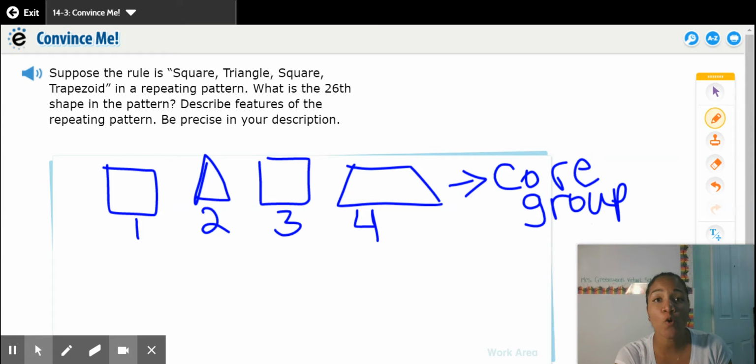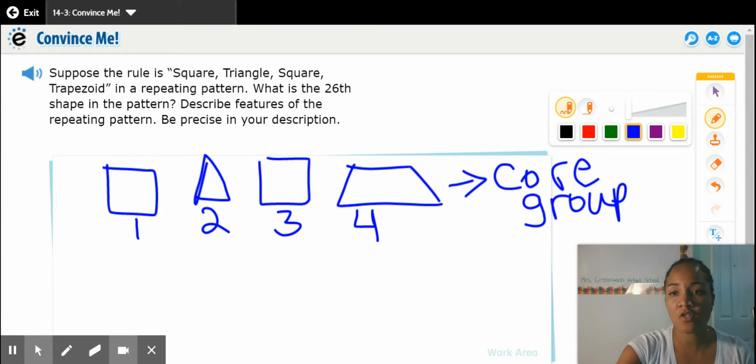Now, because this is our core group, we can count on. And what I mean by count on is you can start 1, 2, 3, 4, 5, 6, 7, 8, 9, 10, 11, 12, and count all the way up to 26. And we can do that like this. So I'm going to show you.